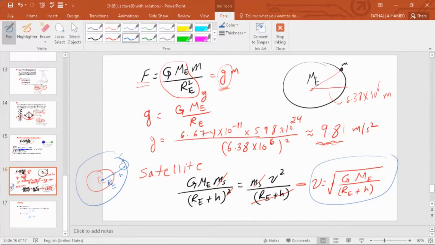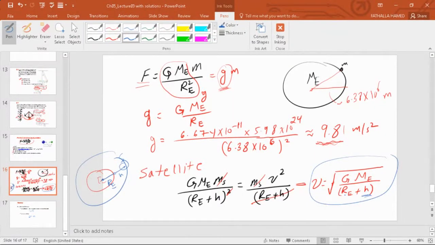You know that the Earth rotates on its axis, so you want to know the speed of how the point on the Earth is rotating, and you can make what we call synchronization, where you can make it at a height where the satellite is always going to be facing the same point on the Earth. That's just something to give you the effect of circular motion and how you can position satellites around the Earth.